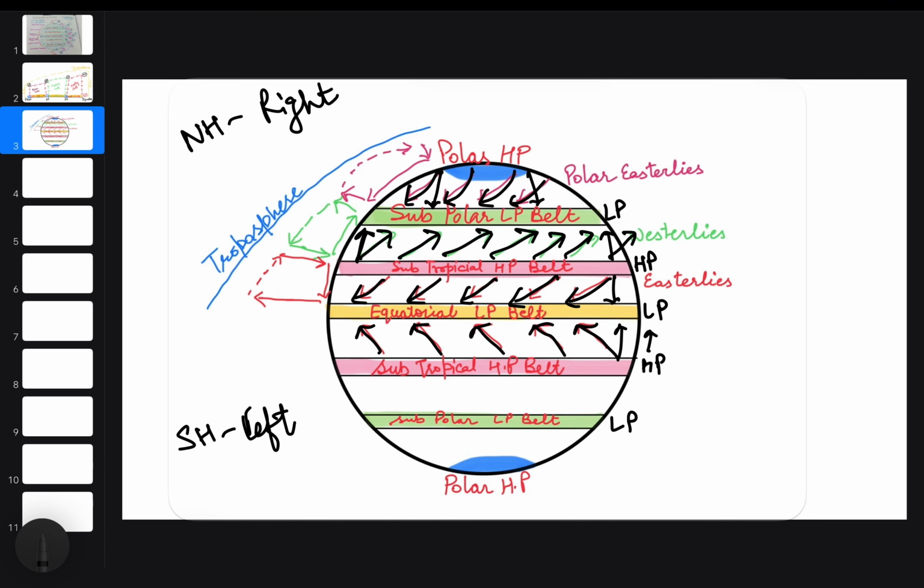So wind will move from high pressure to low pressure, and will get deflected towards the left side. And from the polar high pressures, instead of moving straight, they will get deflected to their left side, in this direction.